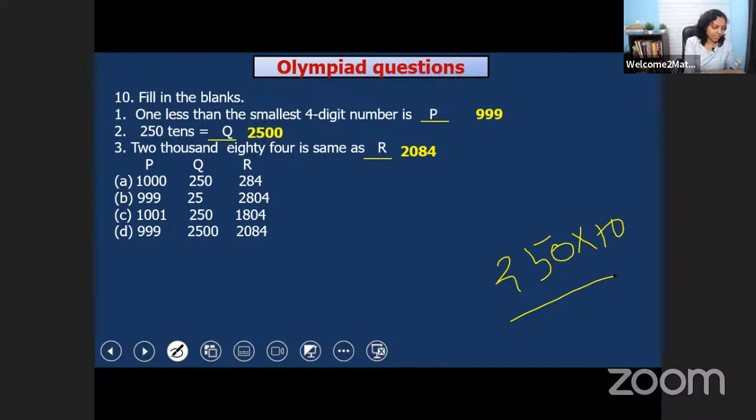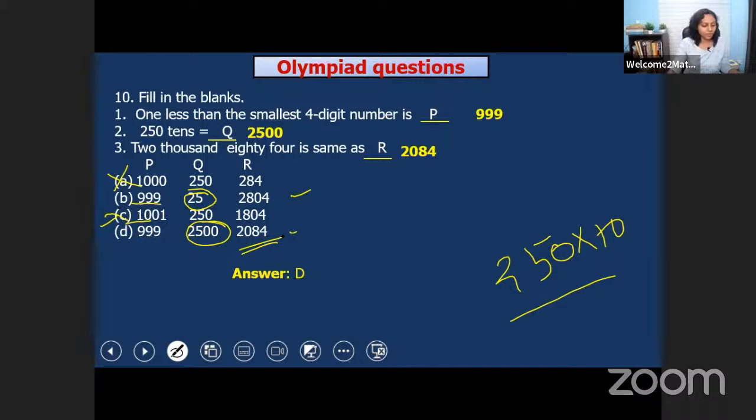Option A, let's eliminate because it starts with 1000. Option B is 999 and option C is 1001. So let's eliminate A and C first. Between B and D, which would be the correct one? You see it's 999, but in B, Q is showing 25, but it's 2500, and here it's 2084.